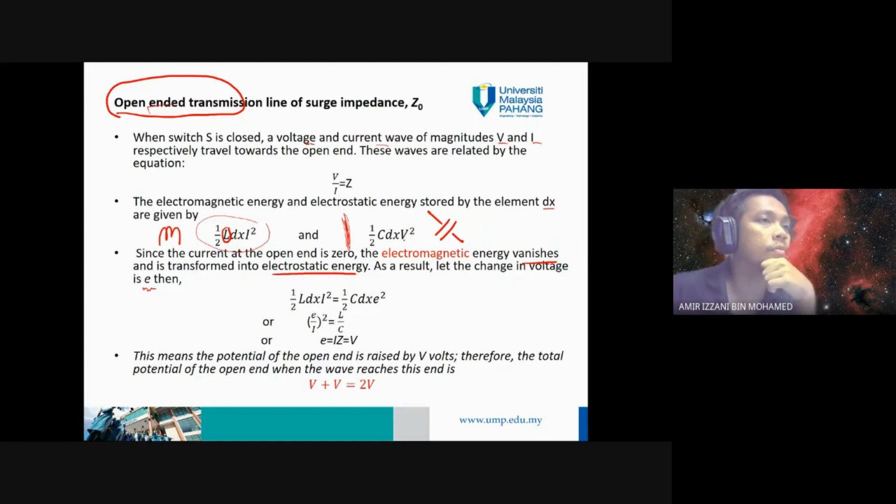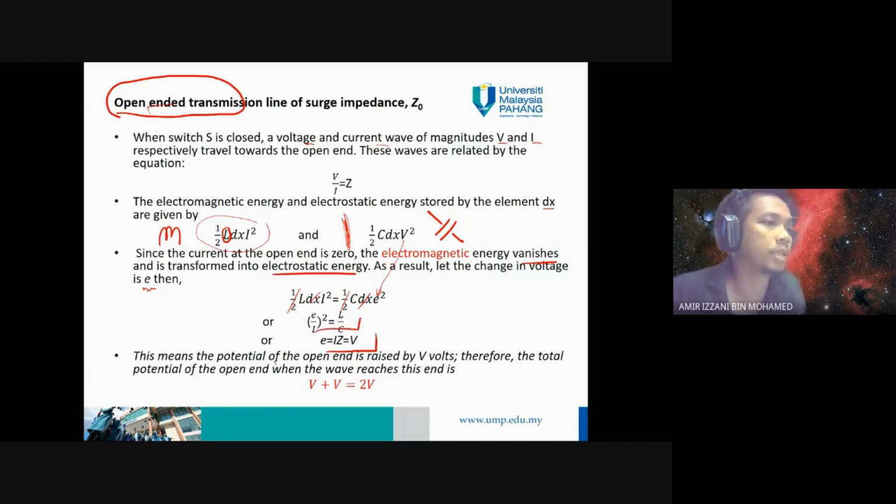V is E, so we can cancel this one, leaving this part, and finally get this one. So we have two, this one and this one.